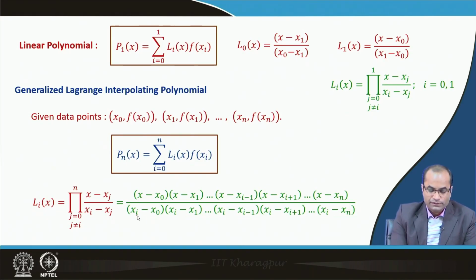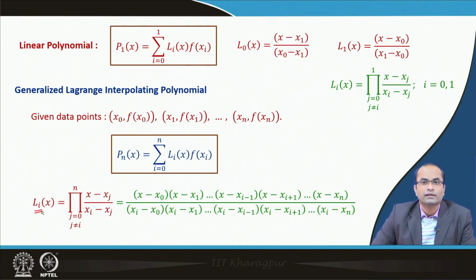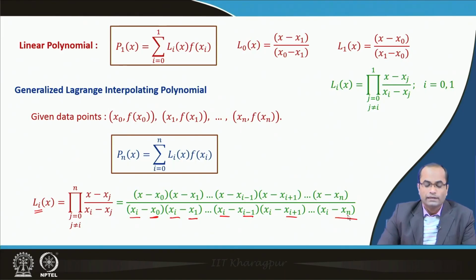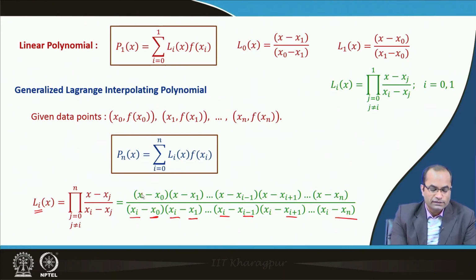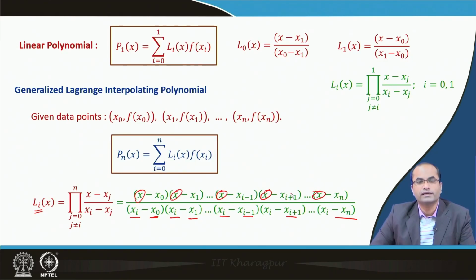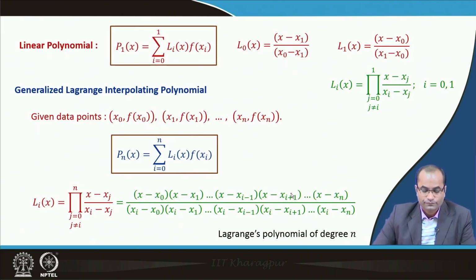So, let me write down the denominator first. If we are talking about the ith polynomial, then we have x_i everywhere, and all other points other than x_i have to be subtracted there. And now we go to the numerator: this x_i will be just replaced by x everywhere, and the rest will remain the same. This is what we can easily remember about these Lagrange polynomials of degree n.